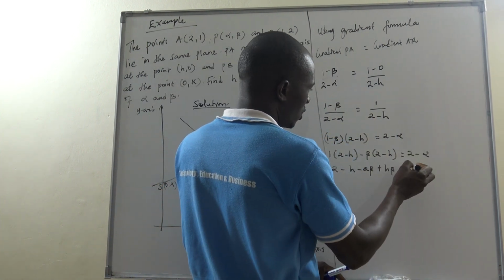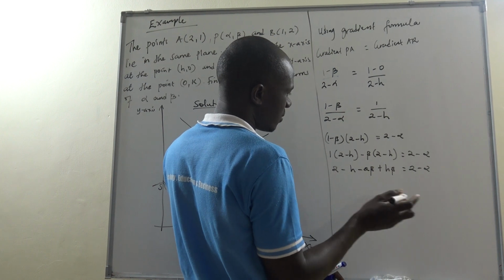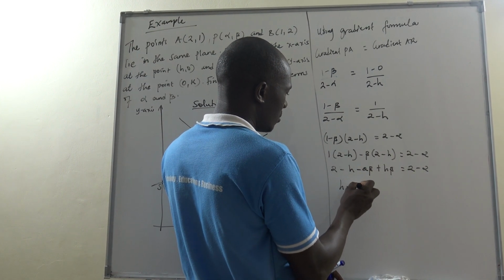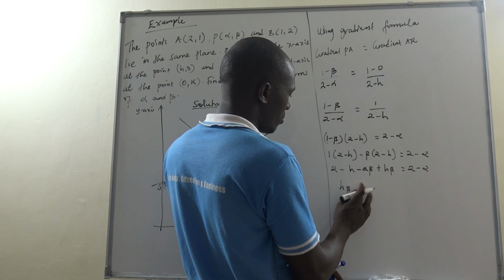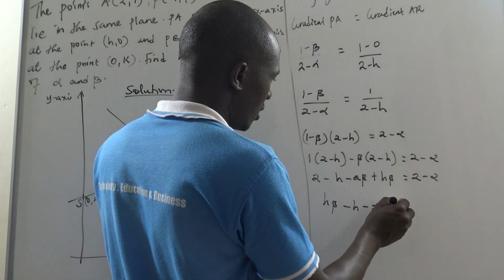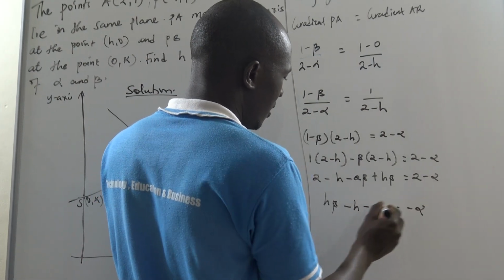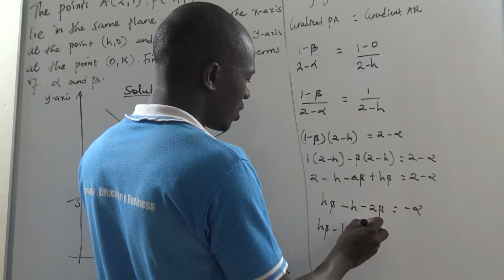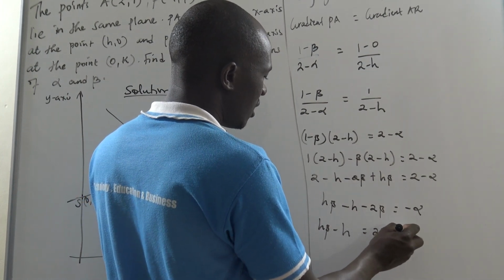The 2 and 2 disappear, so we are remaining with h beta minus h minus 2 beta equals negative alpha. Taking that one there, we get h beta minus h equals 2 beta minus alpha.